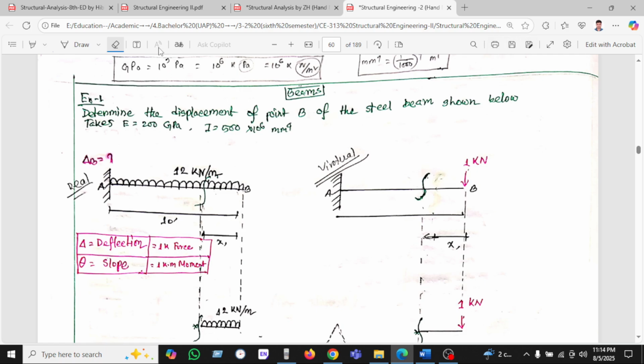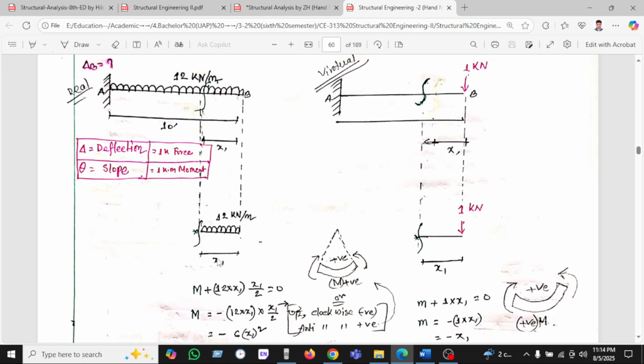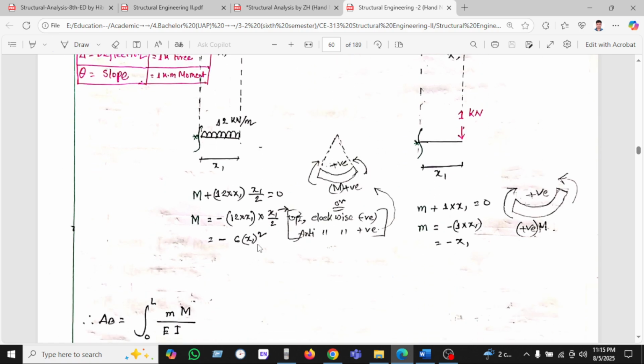Now we are taking the moment x1. If we calculate x1, the moment is 10, 12 into x, this is the force, and it will be acting at force divided by 2, minus 6x square.